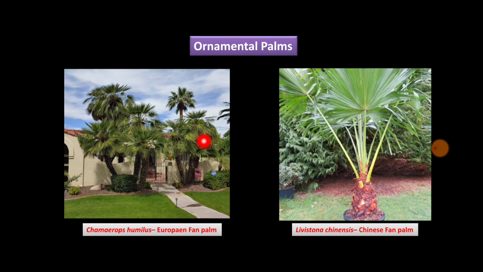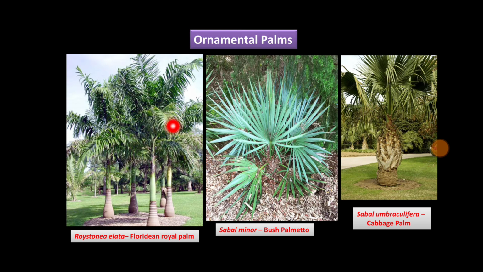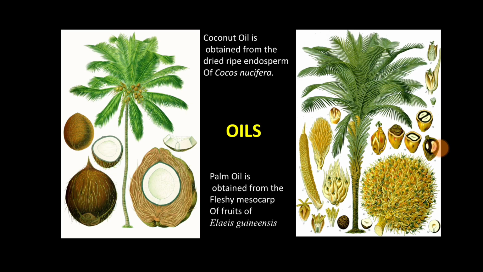This is Chamaerops humilis, European fan palm. Livistona chinensis, Chinese fan palm. This is Roystonea elata, Floridian royal palm. This is Sabal minor, bush palmetto. Sabal umbraculifera, that is cabbage palm.